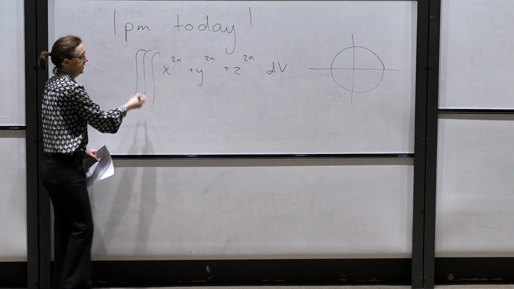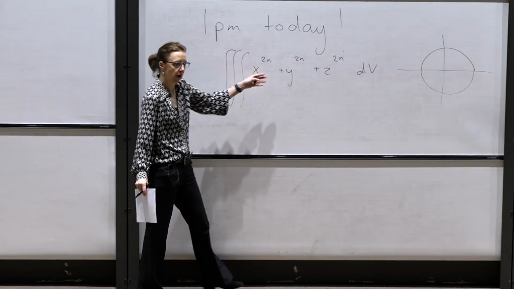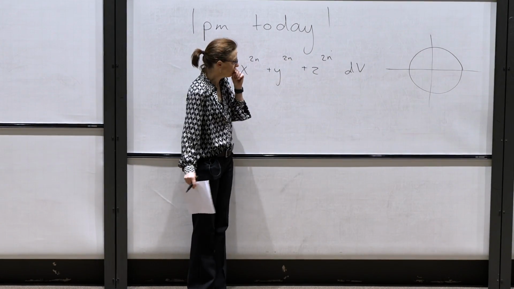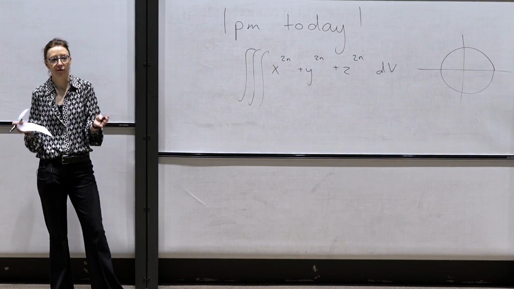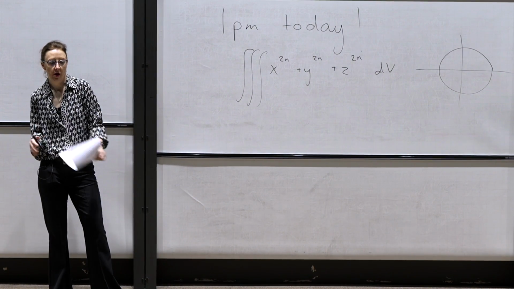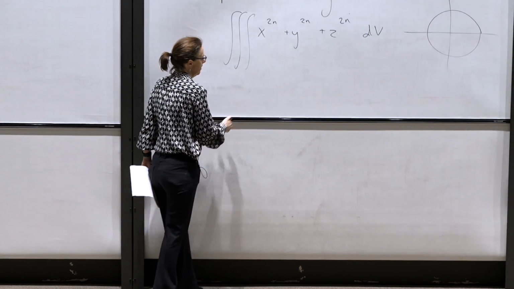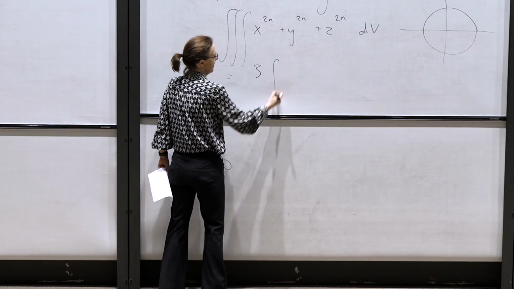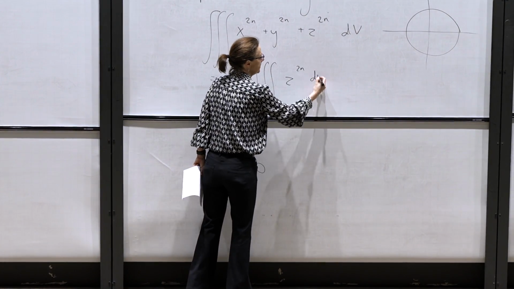I should use my triple integral sign. The x to the 2n dV plus y to the 2n dV, etc. And it doesn't really matter which way we orientate our coordinates, the volume integral will stay the same. And so we can use that symmetry in this integrand to write this as three lots of the integral over the domain of z to the 2n dV.